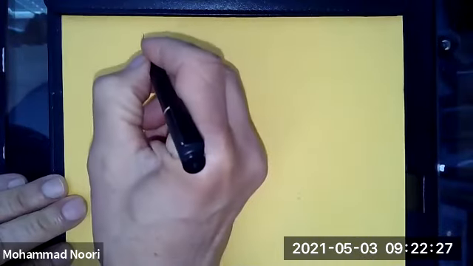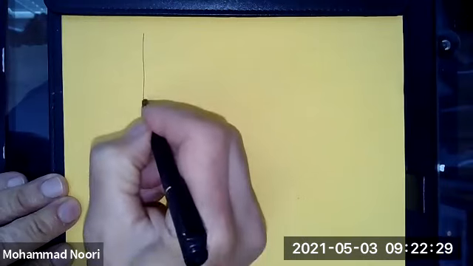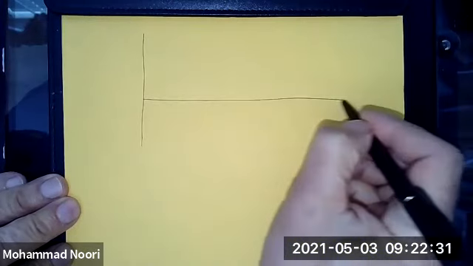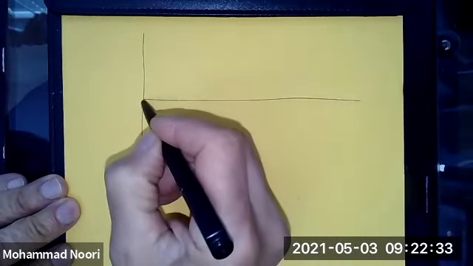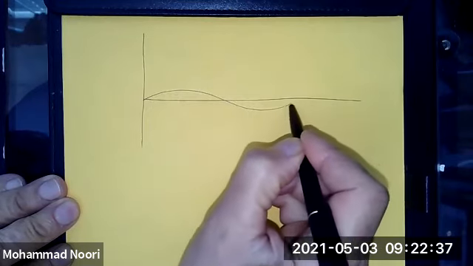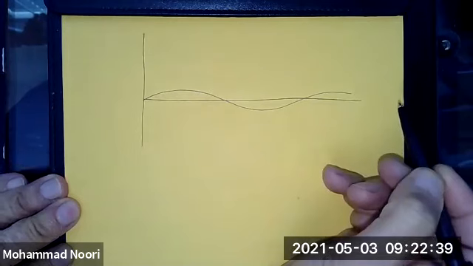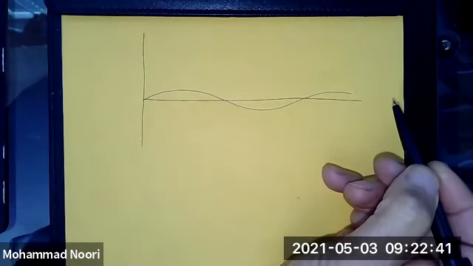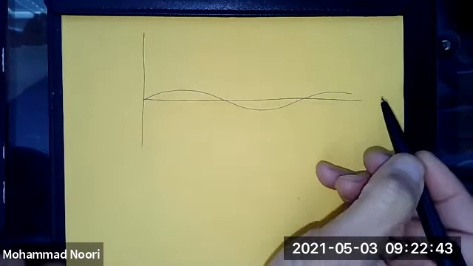And this is my favorite example. Let's say you have a rough road, and the roughness is sinusoidal.